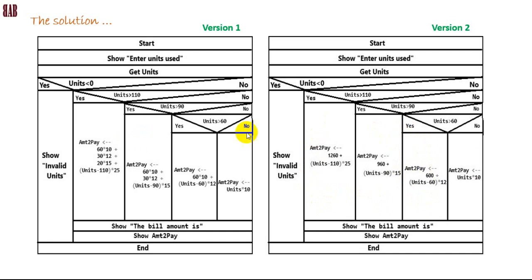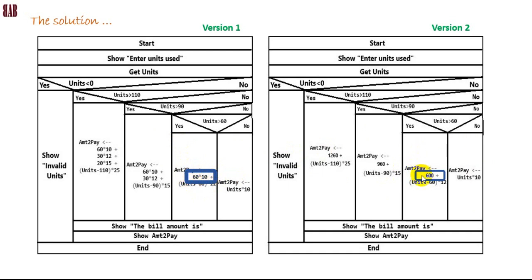So why are these two different? Or almost they are same. The difference is, if you look at, if 60 units, I just put it like that, so no issue. If they use more than 60 up to 90, here I have shown that 60 units is going to be calculated by 10, 60 into 10, plus the rest by 12. I have indicated like that.